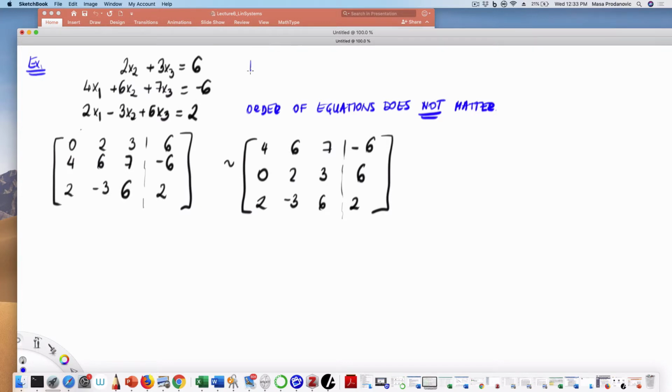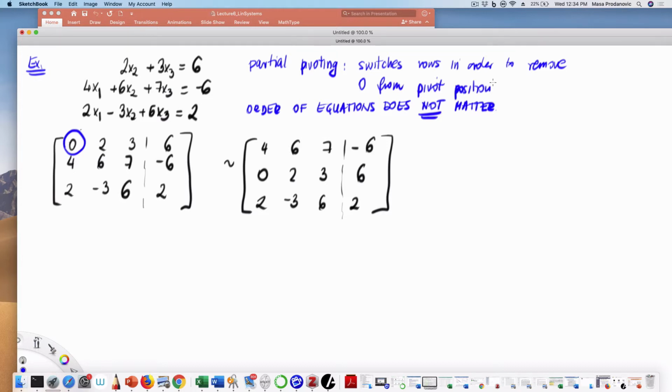So partial pivoting basically switches rows in order to remove 0 from the pivot position. This is called the pivot position. Actually, all of these diagonal positions are pivot positions.